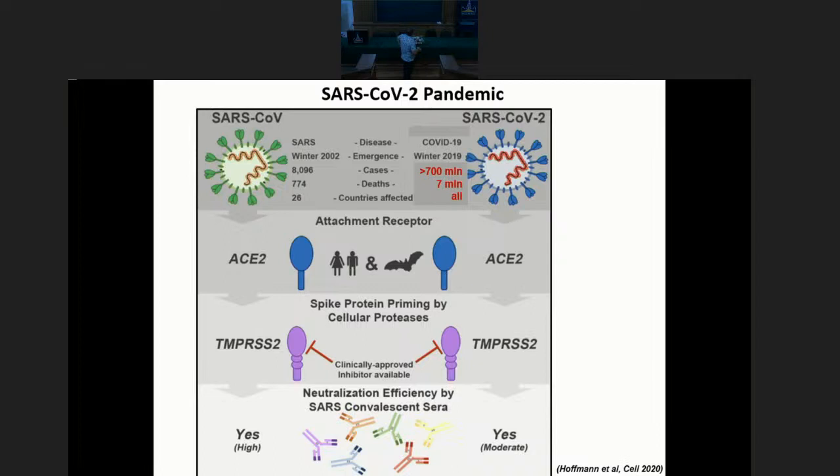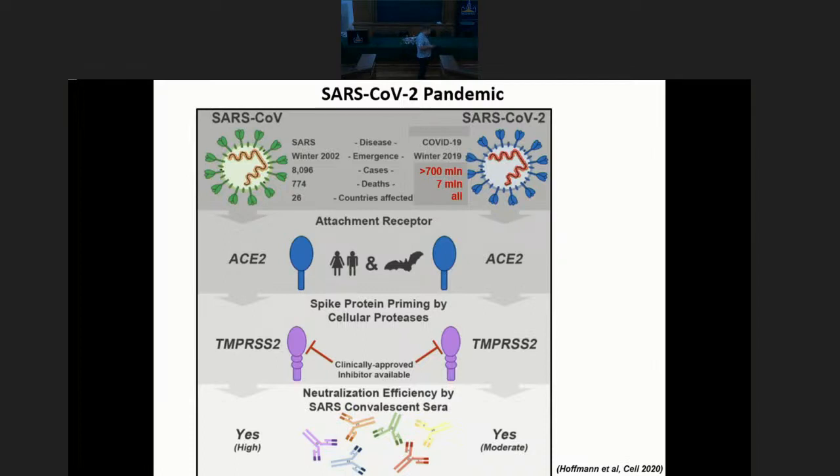Similarly to previous coronaviruses, this virus uses a special protein on human cells, angiotensin converting enzyme 2, which is also present on blood cells. And similarly to previous viruses, it requires a cellular protease to become activated.